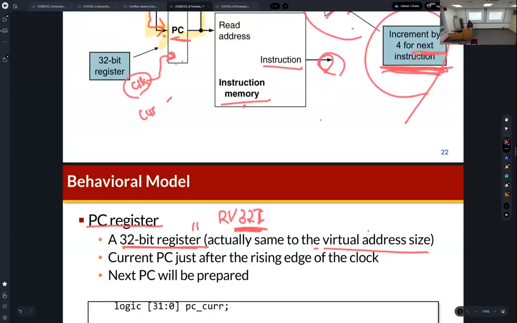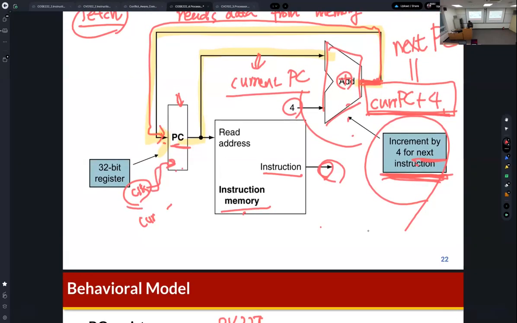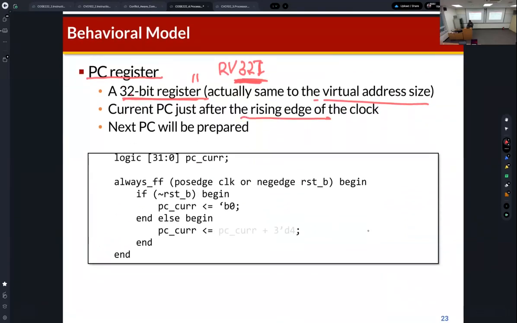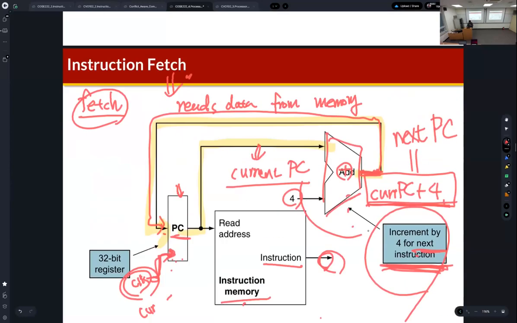I said that this clock is connected to the clock port of the PC register, which means that at the rising edge of the clock, the current PC value is updated with the next PC value.